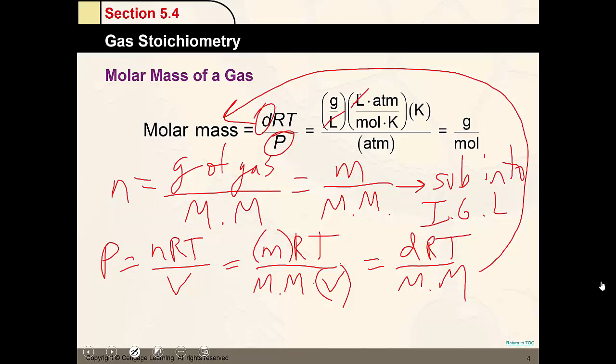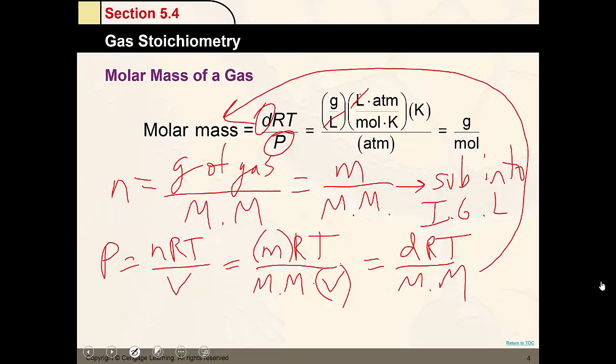And this unit makes sense because for gases, they are much less dense than liquids, which have their densities in grams per milliliter, or solids, which have their densities in terms of grams per centimeter cubed. So we can solve this in terms of molar mass.